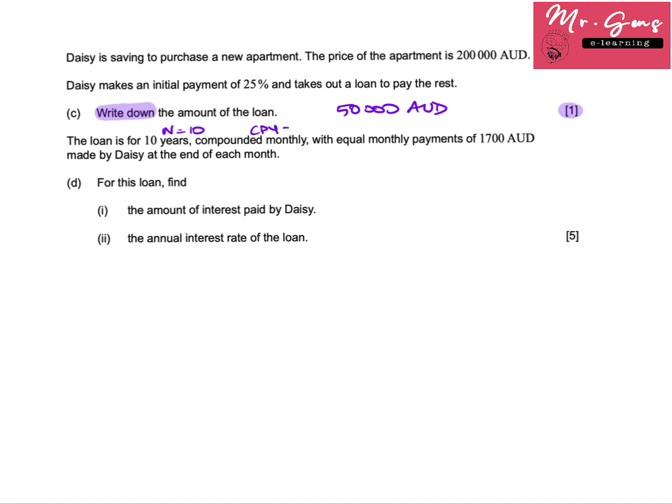The loan is for N years. The compounding period is 12. There will be monthly payments, so PPY is also 12, and the payment amount is 1700. Since the payment is monthly, we need to multiply N by 12. The question is about the amount of interest. First we need to find the future value and subtract it from the amount of the loan, which is the present value.